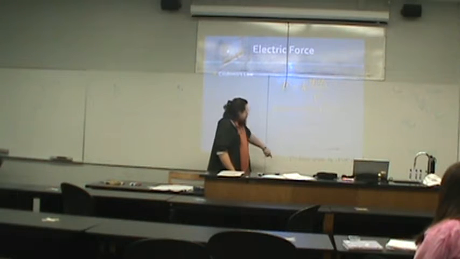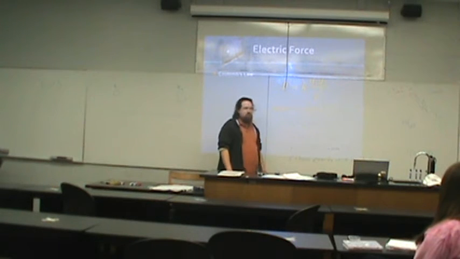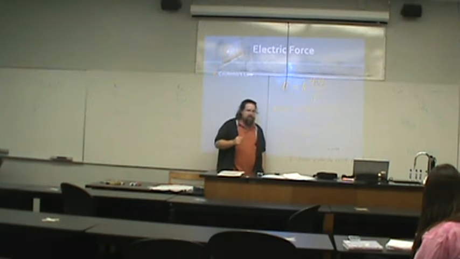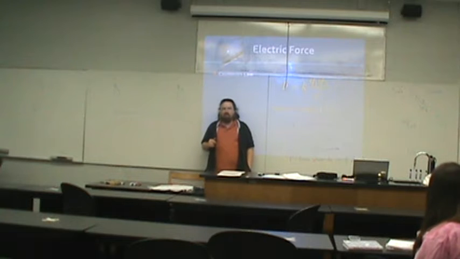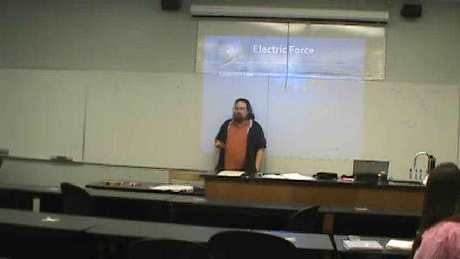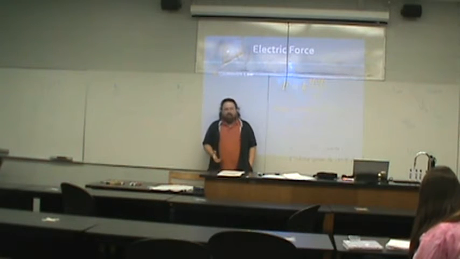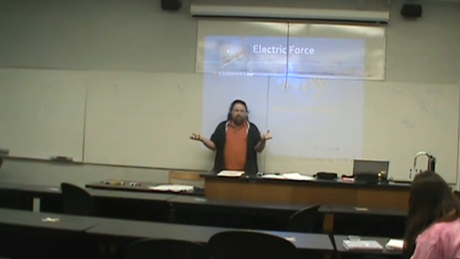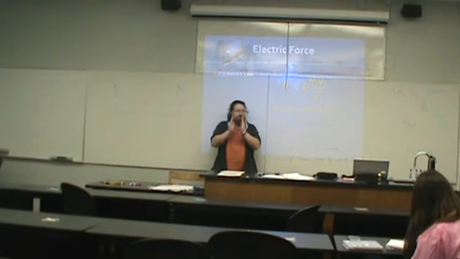And lastly, R is the distance between each object. But it's specifically the distance between the center of each object, because that's kind of where the charge is localized. So hypothetically, if I had two beach balls, one in each hand, and they both were charged, the radius in that version of the equation would need to be the distance between the center of each beach ball, not the edge of each beach ball.